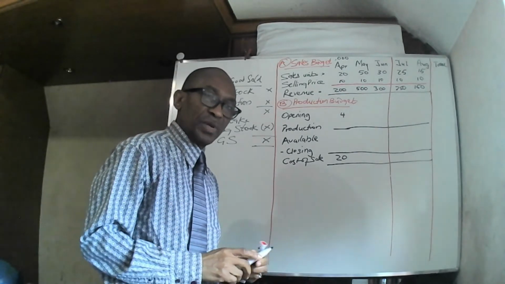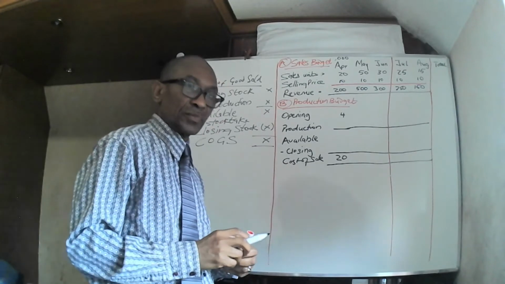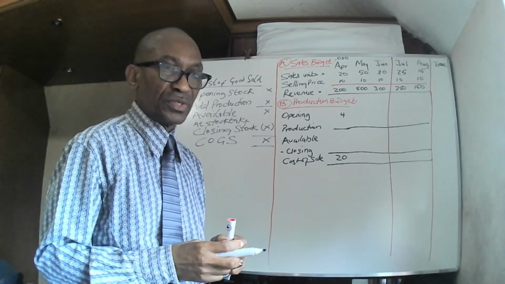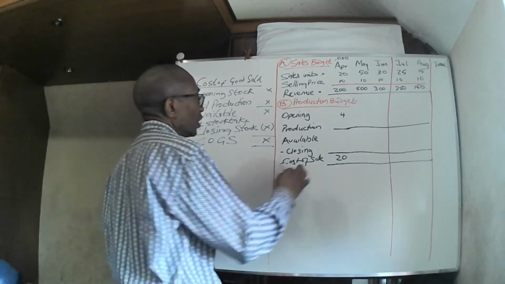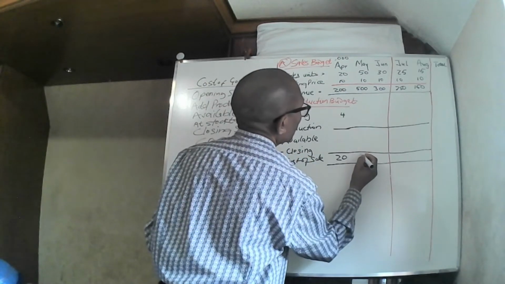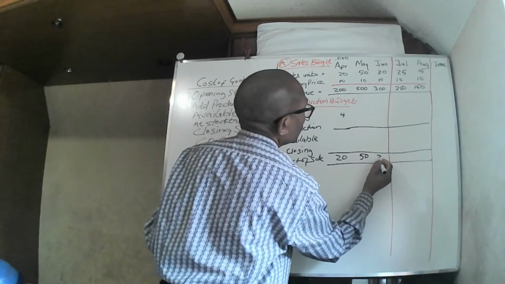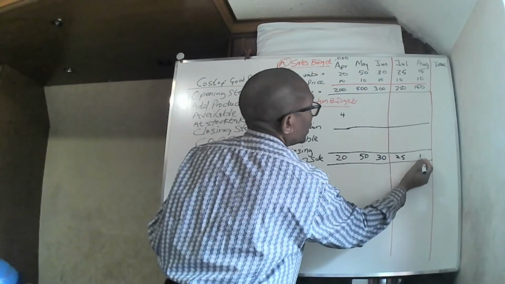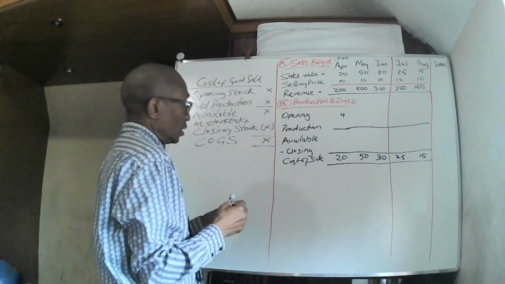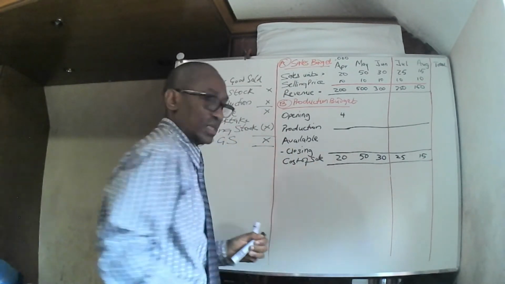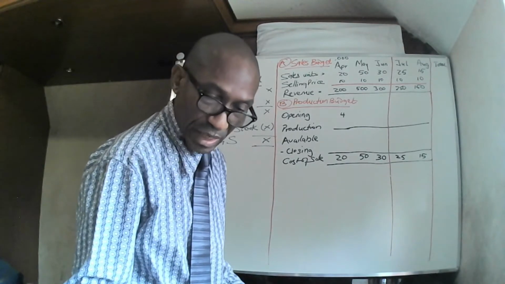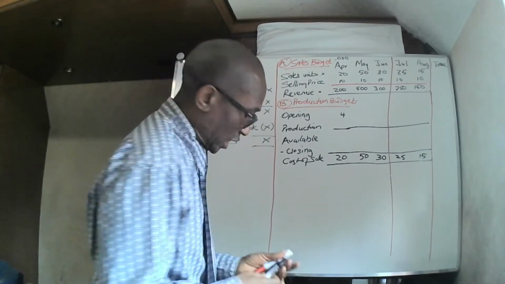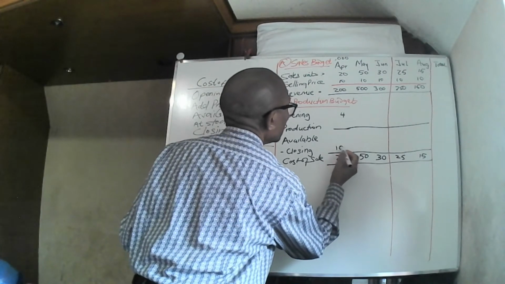And remember in the document they said management of Baker wants ending inventory to be 20% of the following month's budgeted sales unit. The budget sales units: 50 for next month, 30 for June, 25 for July, 15 for August. 20% of this will be the inventory at hand. So 50 times 0.2, that's 10 will be here now.